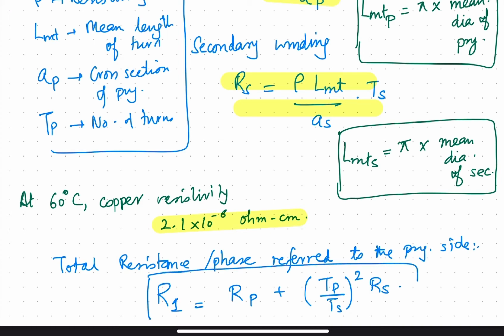You are all aware of this equation. This is the turns ratio, and this gives you the total resistance of the transformer when referred to the primary side.